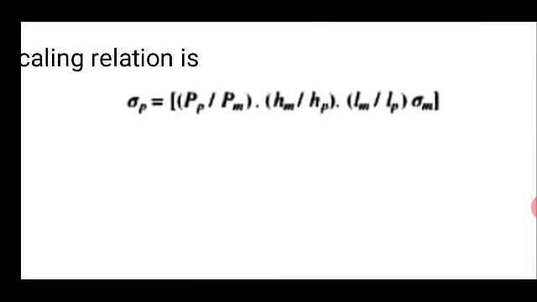Again I repeat, sigma P is equal to PP by PM into HM by HP into LM by LP into sigma M, where PP indicates the load on the prototype and PM indicates the load on the model, and HM indicates the thickness of the model and HP indicates the thickness of the prototype.